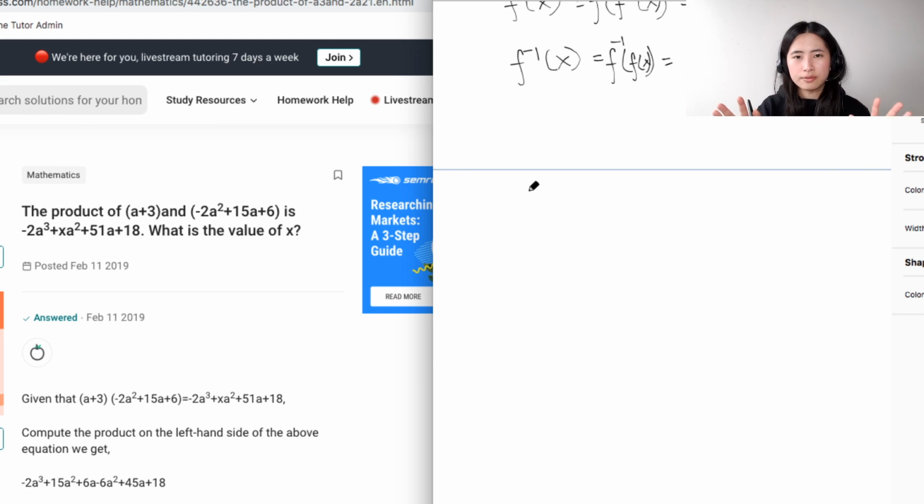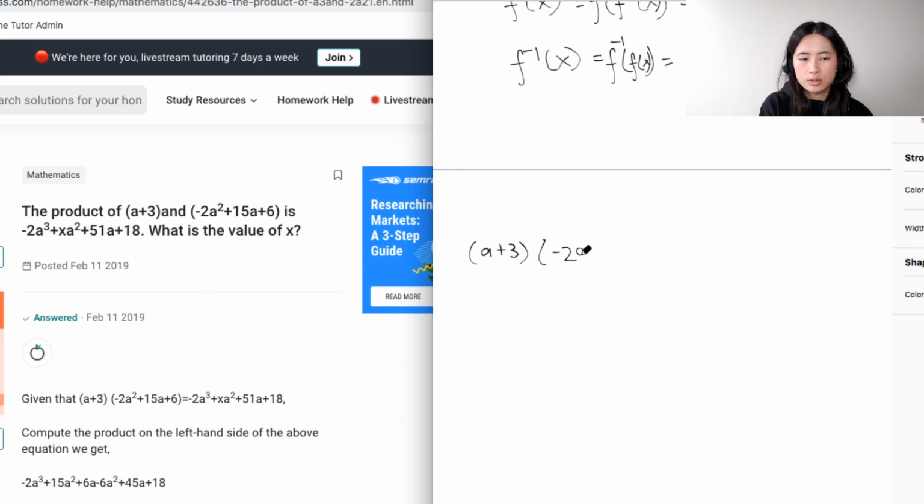So we're going to have essentially an equation where the left-hand side or the right-hand side is up to you, really. But just for simplicity, I'm turning the product, which is a plus 3 and negative 2a squared plus 15a plus 6, and I'm placing that to the left-hand side.